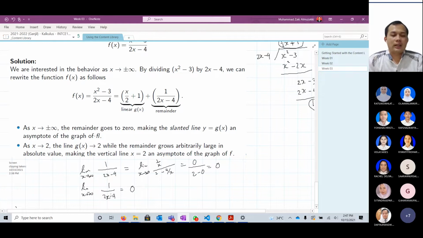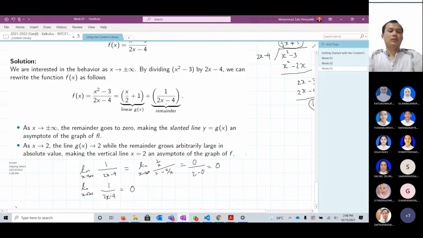Now, instead of going to positive or negative infinity, we try to approach x goes to 2. If x goes to 2, the line g of x goes to 2 because 2 over 2 is 1 plus 1 is 2, while the remainder becomes very, very large.